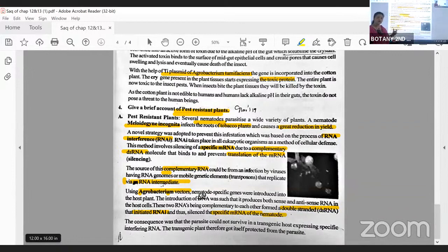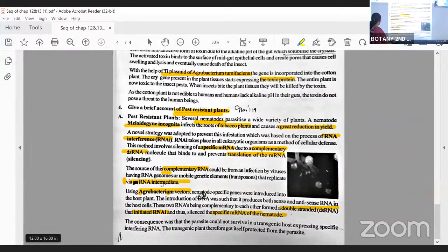So here we have to say in the caption at the last that this plant is not consumed by all persons, only by a few persons. So we can easily make this tobacco plant a transgenic plant with a pest-resistant variety, to increase the yield as well as to control the infections in the plant body.